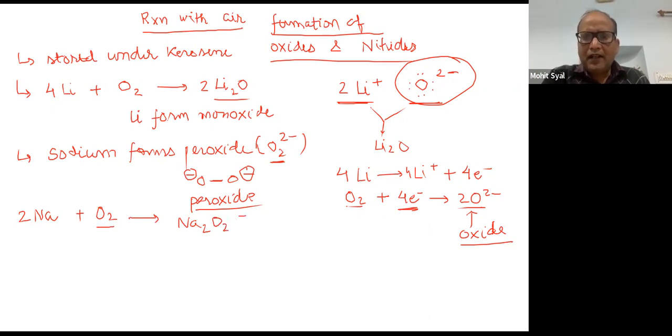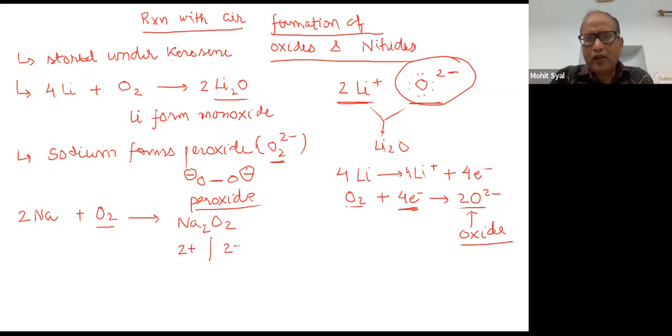You don't have to write the charge, but keep it in mind. It is O2, so this is 2 plus and this is 2-, right? So sodium forms peroxide and the rest all will form superoxide.